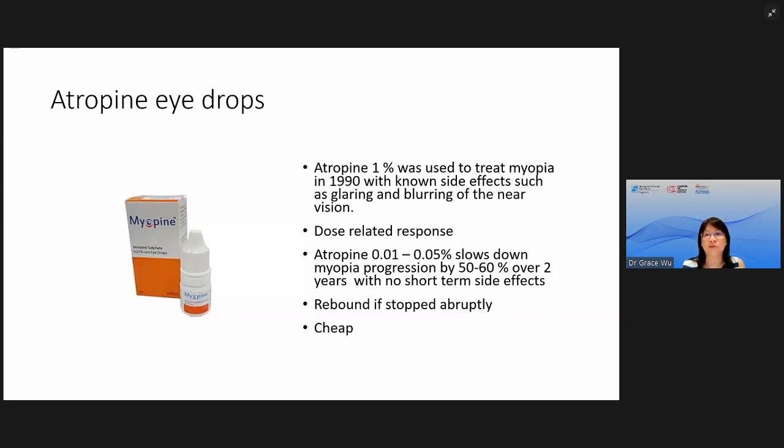But now we are using a much lower dose, 0.01%, which we find slowed down myopia progression by 50 to 60% in a 2-year study with no short-term side effect. But if you stop the drops abruptly, it can rebound. So the advantage of atropine is it is well studied, has good evidence for it, and is cheap.